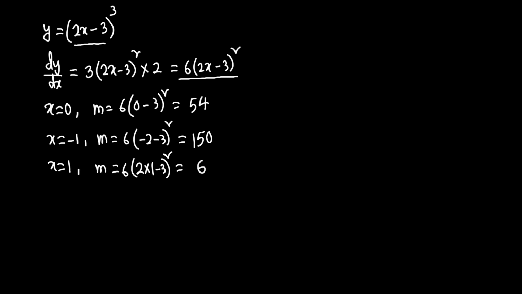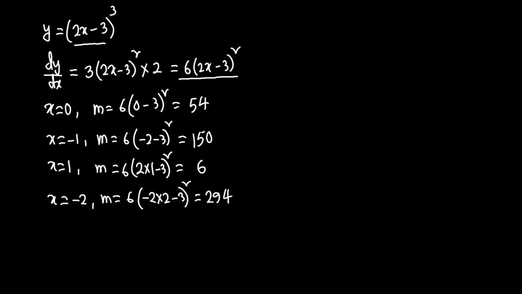Let me check with x equals negative 2. Then we got 6 into (2 into minus 2 minus 3) whole square, and it gives us 7 square, 49, 49 into 6, which is 294.